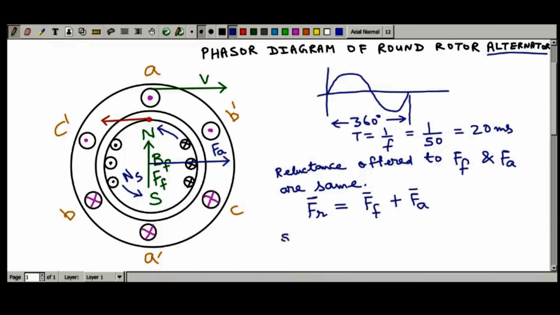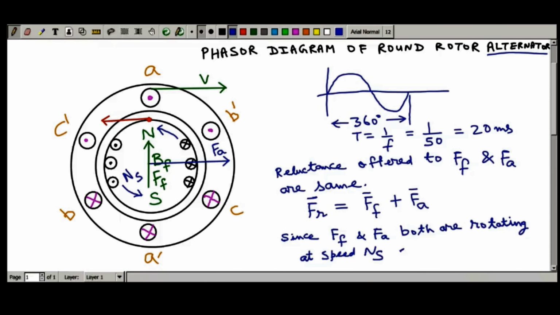So we can write that since FF and FA both are rotating at speed ns, that is the synchronous speed, and in the same direction, what can we surmise from here?